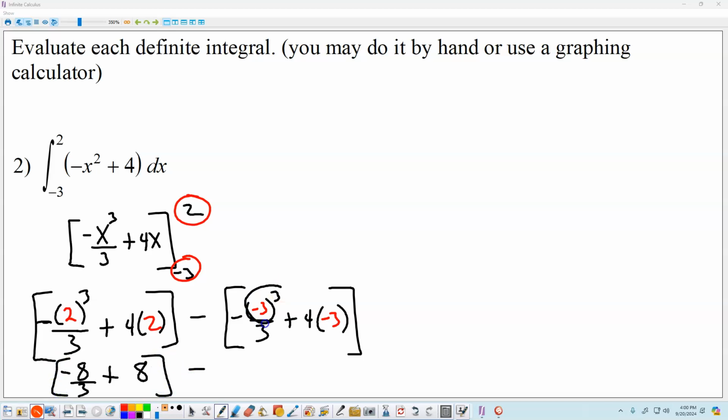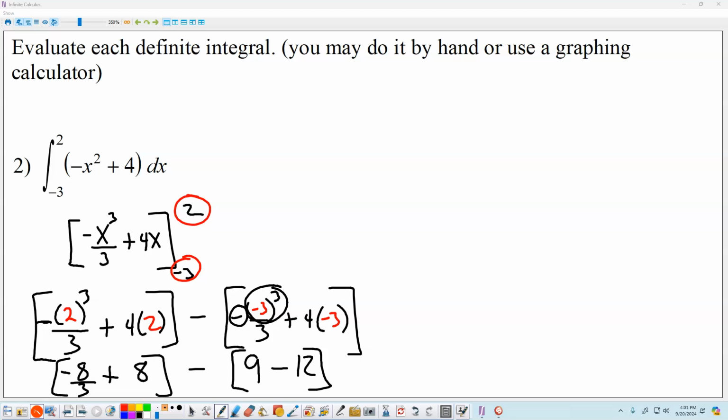Once again over here, this -3 does have a negative in the parentheses, so the -3 is being raised to the third power. That's a -27. But there's also a negative on the outside, which makes the -27 become positive. So we have a positive 27/3, which is 9. And then 4 times -3 is -12.